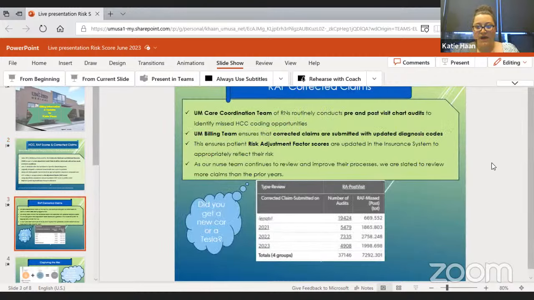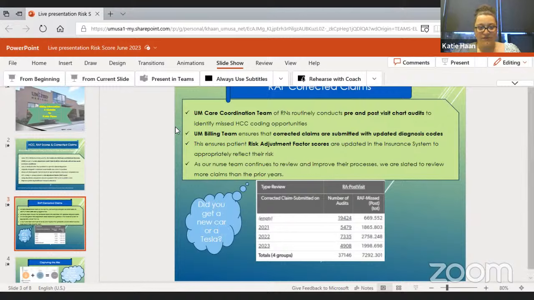What we do with the RAFs and corrected claims is our care coordination team. We have a team of nurses that goes in and conducts audits. They audit the charts, they look at all of the diagnoses and see if there is anything more specific that we could potentially add to that claim based off of the note that the doctor had already created.